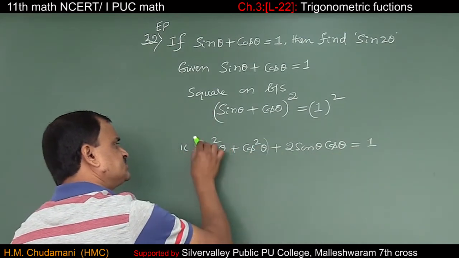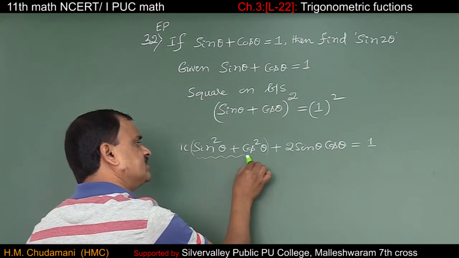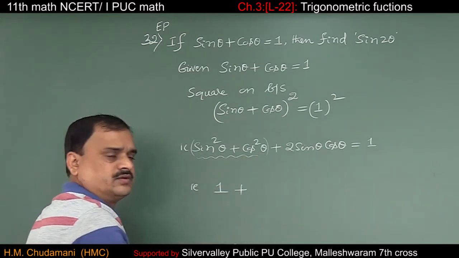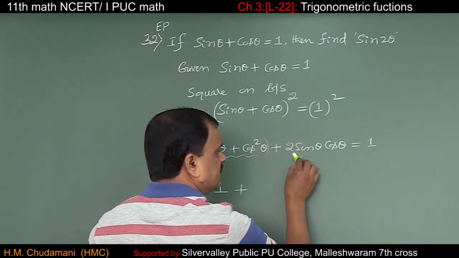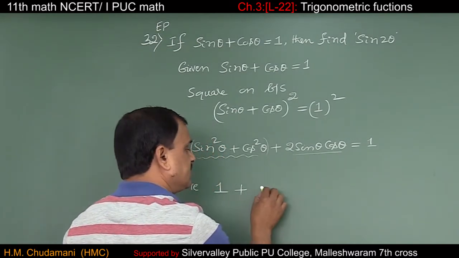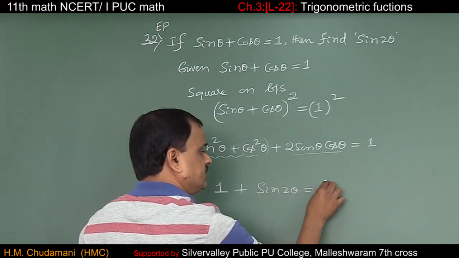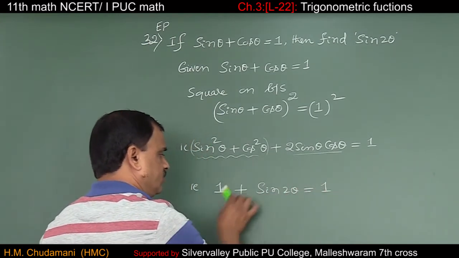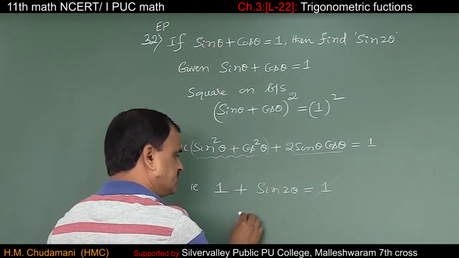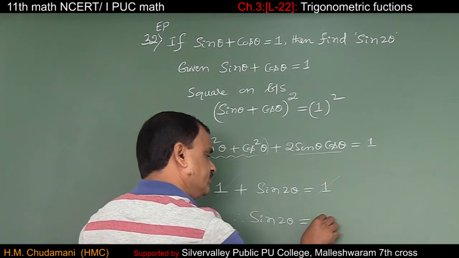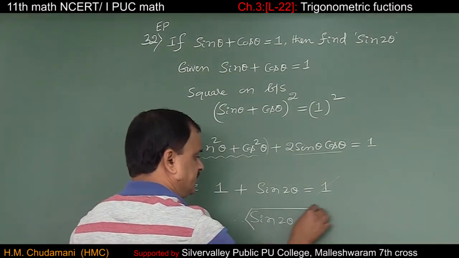But what is sin square theta plus cos square theta? As per the identity, it is 1, and 2 sin theta into cos theta is sin 2 theta, which is equal to 1. Now plus 1 and minus 1 get cancelled. Therefore, sin 2 theta is equal to 0. That is the value of sin 2 theta.